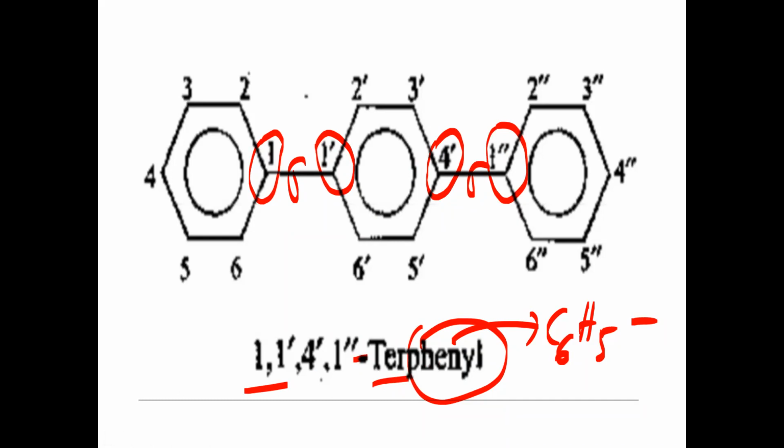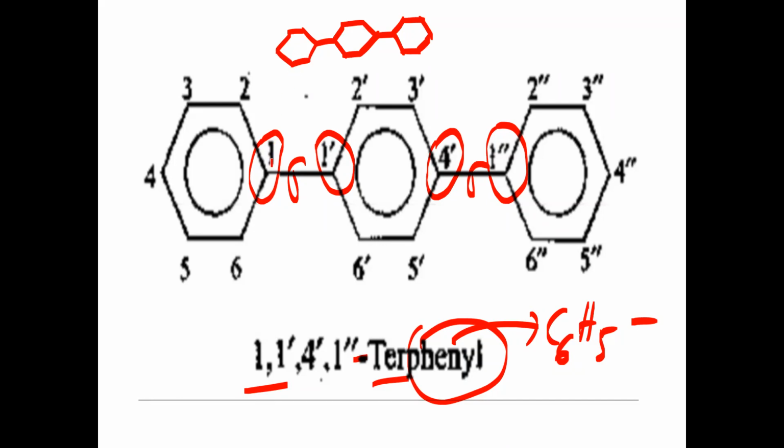Let's take the screenshot of this. Now, suppose here I'm taking cyclohexane rings, not phenyl rings, cyclohexyl rings.